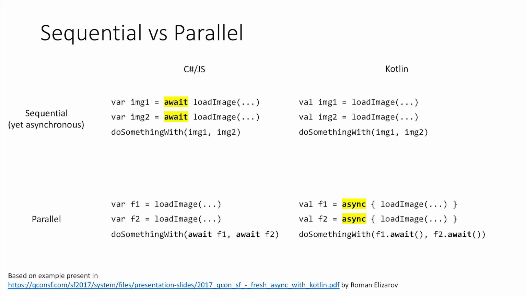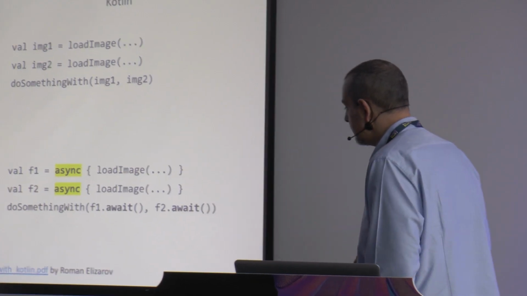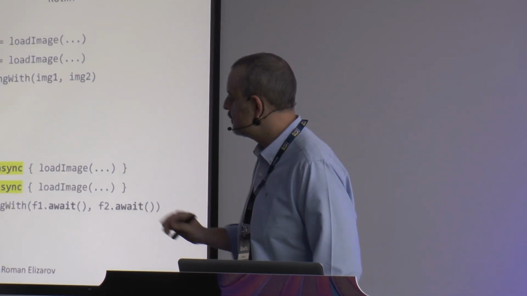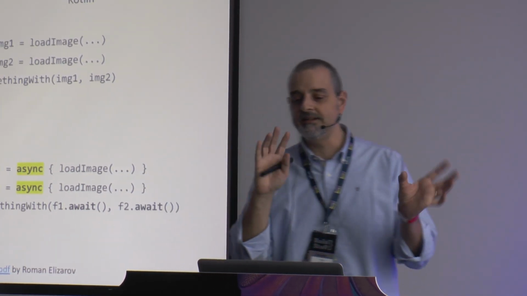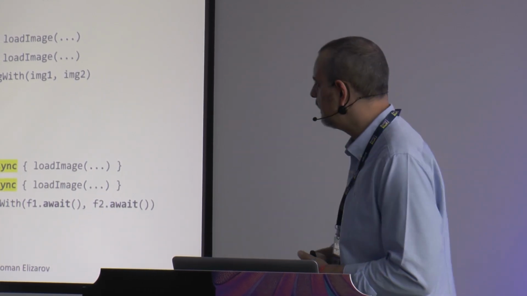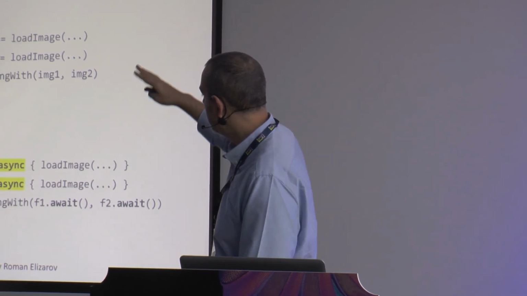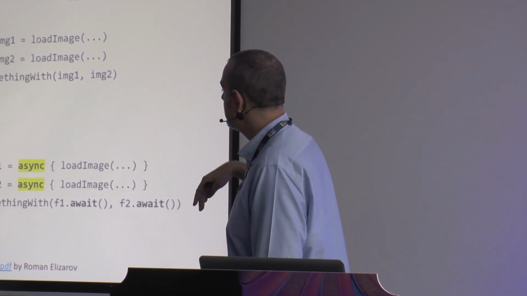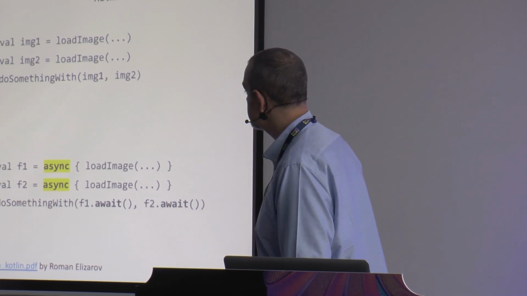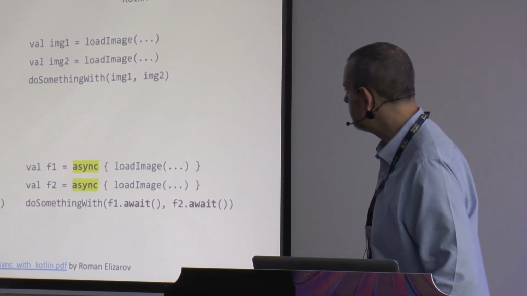So, I'm almost ending. An interesting example taken from a presentation in 2017, to highlight the difference between the async await as available in C# and the coroutines as available in Kotlin. For instance, in this example, I load 2 images, and then I do something with those images. And on the left column, I have C#.